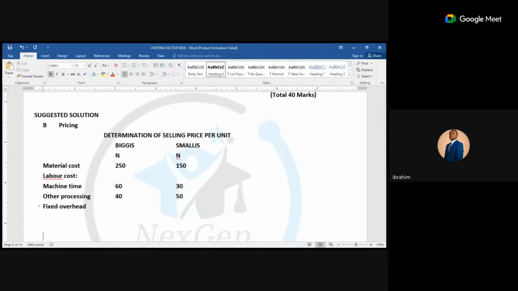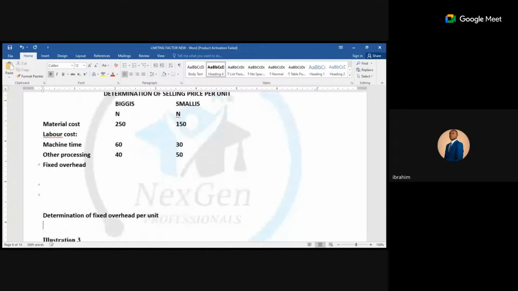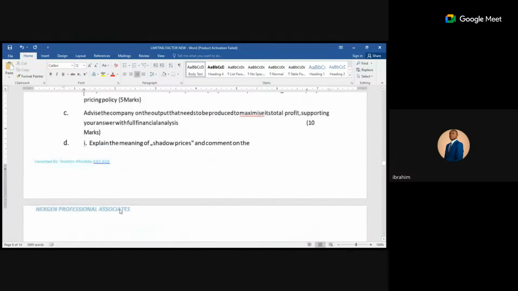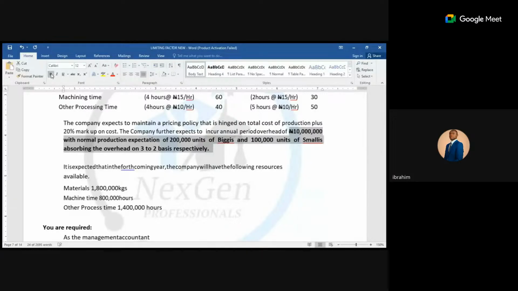And they've given us the basis of determination of fixed overhead. Overhead per unit. They've given us the basis that the fixed overhead is 10 million, and it will be absorbed on the basis of 3 to 2.